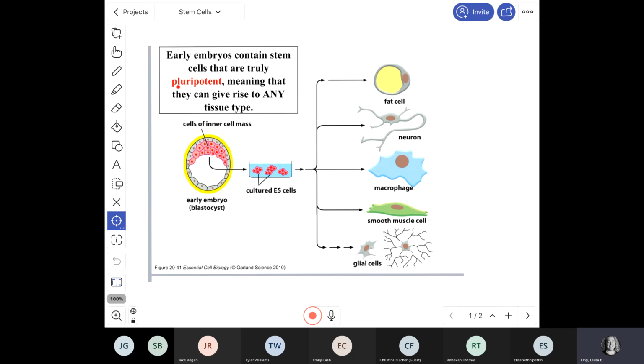Pluripotent. So they're like multi-powered. And if we say a cell is pluripotent, it has the potential to give rise to differentiated cells. So remember that these cells over here that are doing specific jobs, those are differentiated.